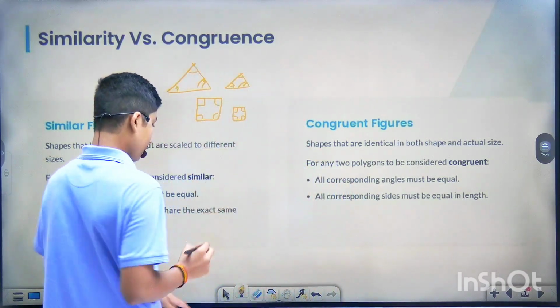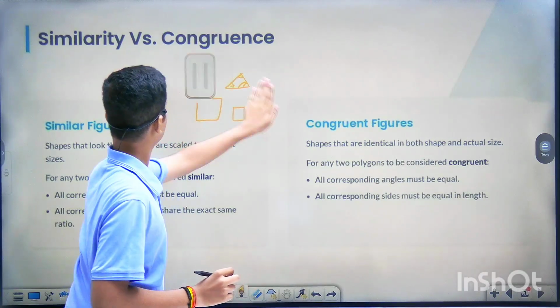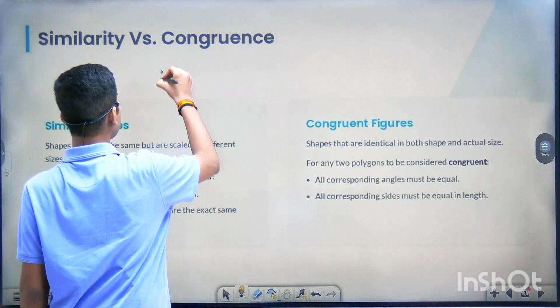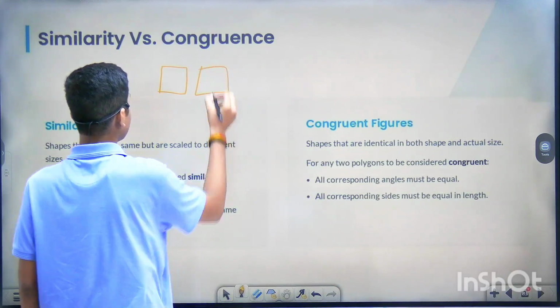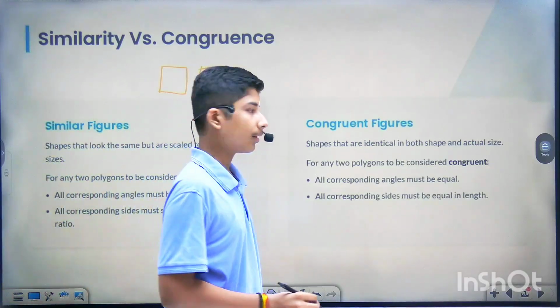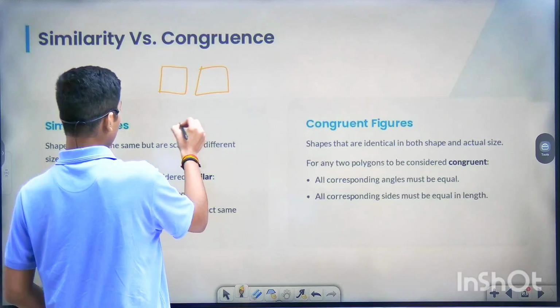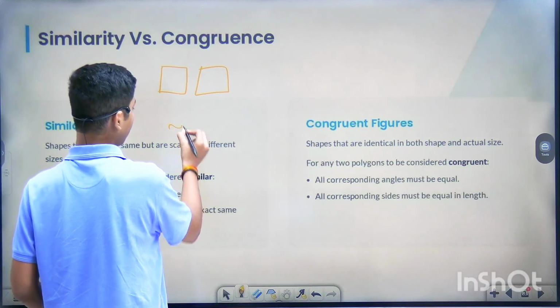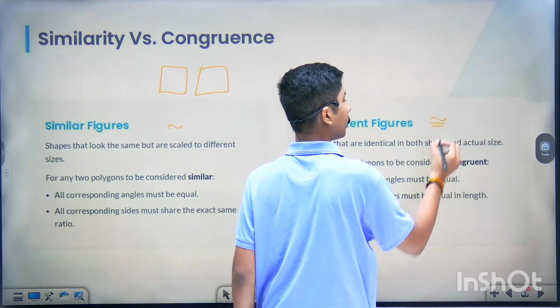See, if I take this is a square and I take this one. These both squares are equal to each other in size. So they will be congruent. See, similarity is shown by this symbol and congruence is shown by this symbol.